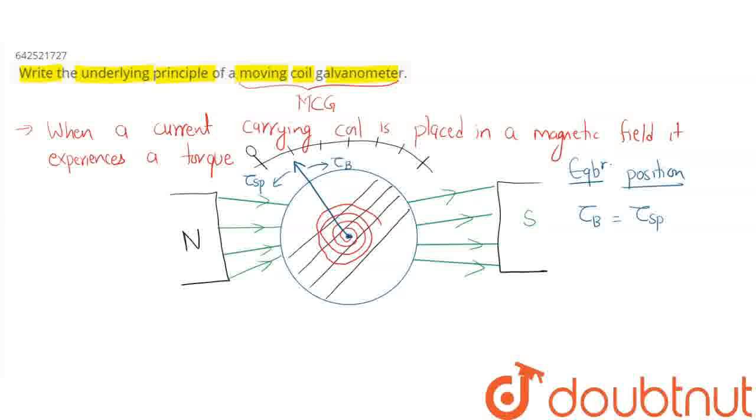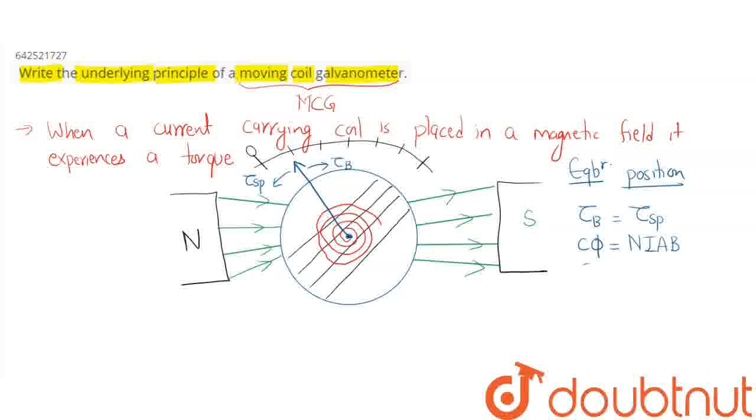That is, the spring force torque is given as C phi and the magnetic torque is given as MB sin 90, that is NIAB.